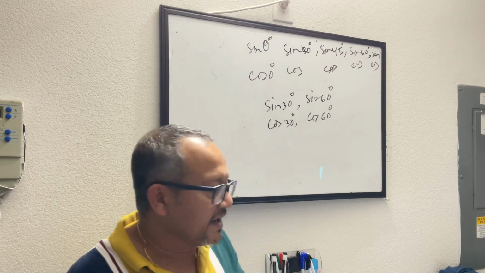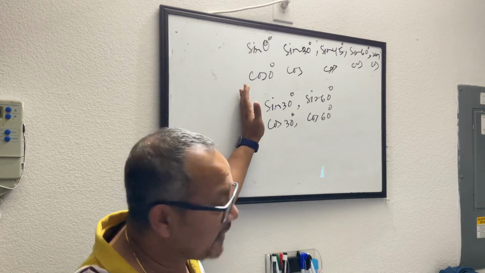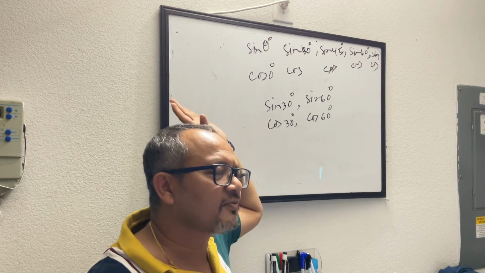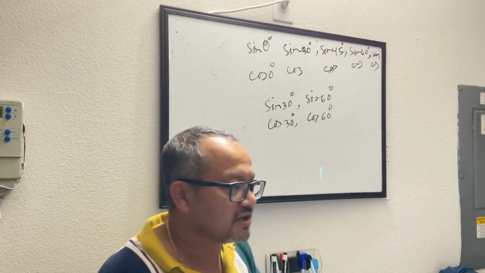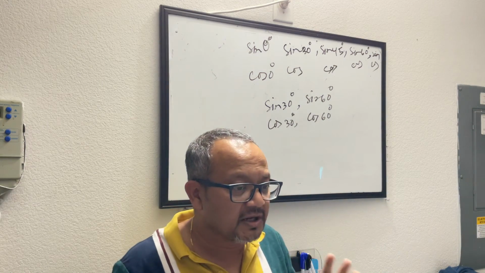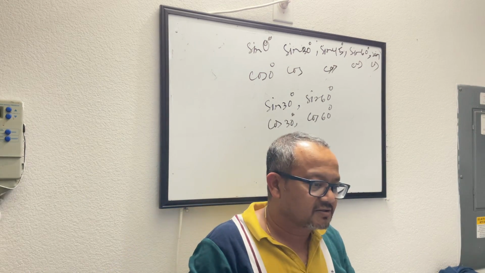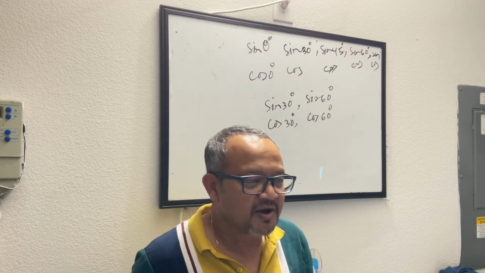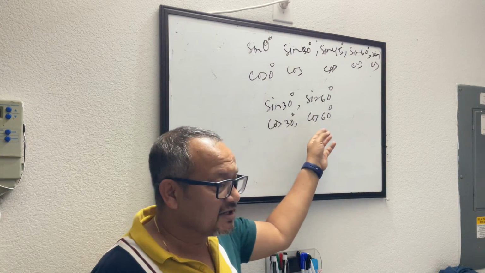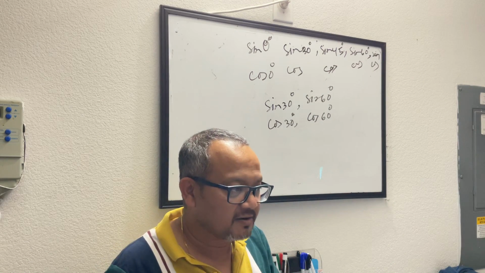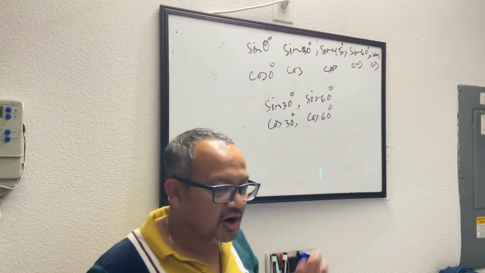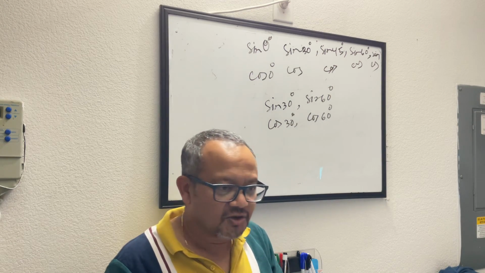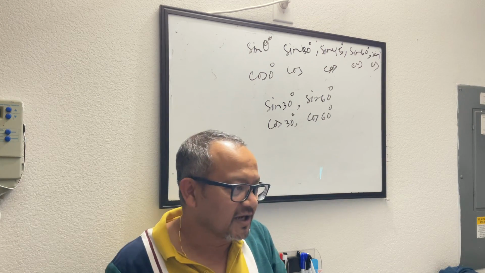And why we're trying to find the value of these trig functions is because these are some of the most commonly used trig functions. You guys have the luxury of having a calculator. I never had a calculator till my engineering days. So these things we learn how to derive. Does anybody know how do we derive this? How do you find it out? You know SOHCAHTOA, but does that help you find it out?